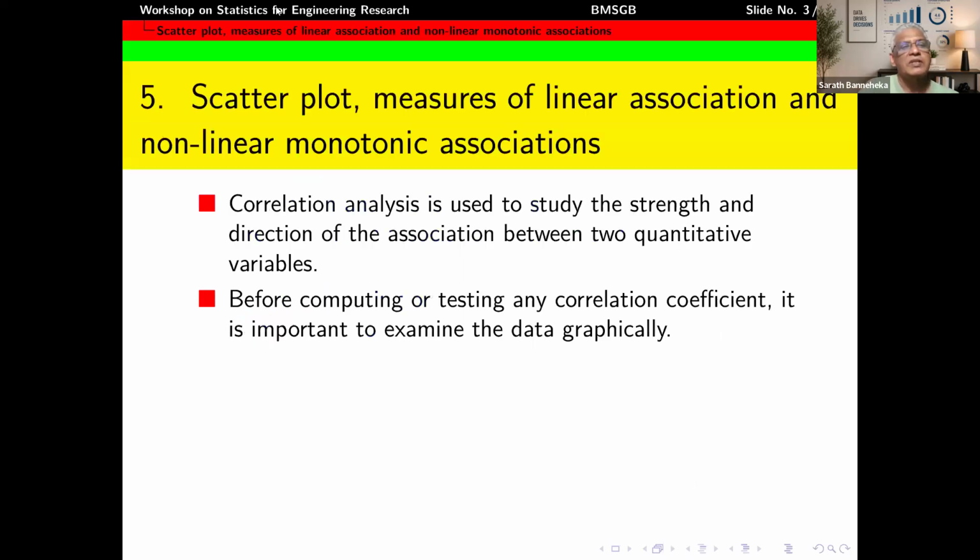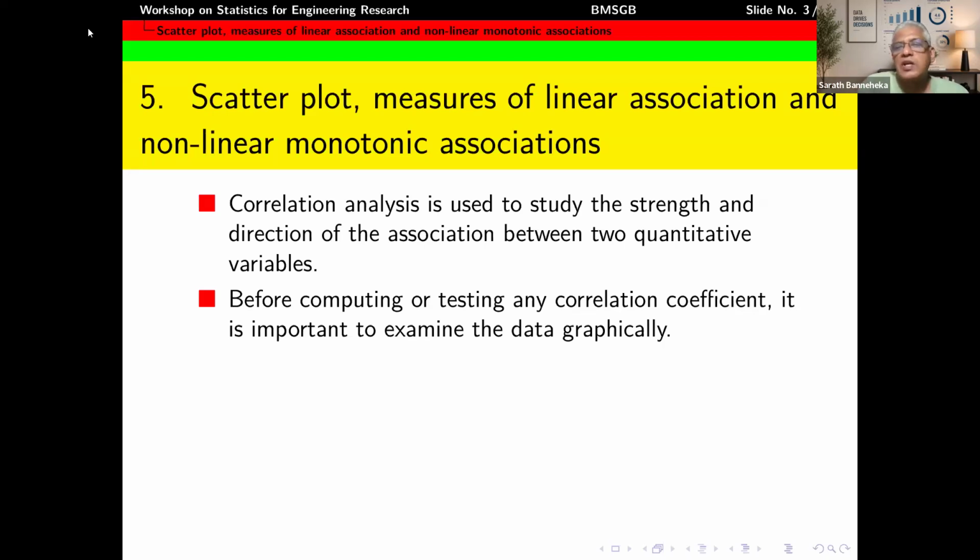So let's start with the first item. Here, actually, we are going to look at mainly the correlation analysis. Right? So correlation analysis is used to study the strength and the direction of the association between two quantitative variables. Quantitative variables, right?